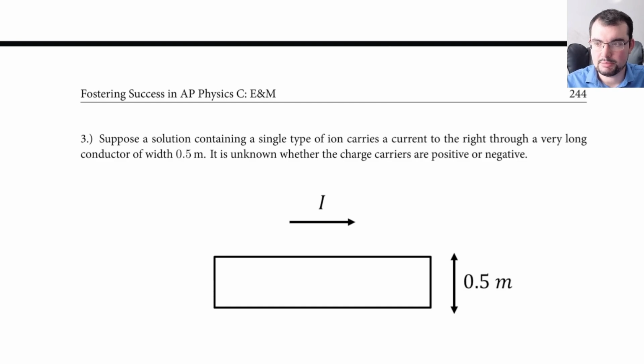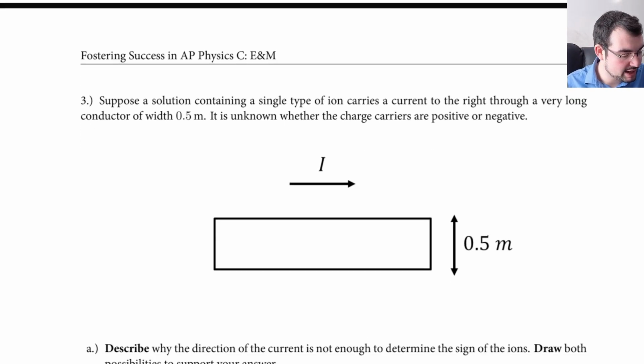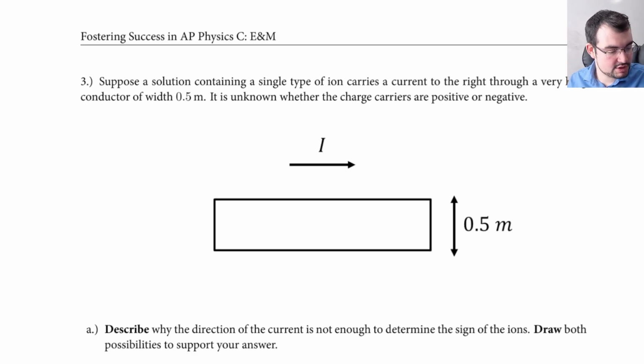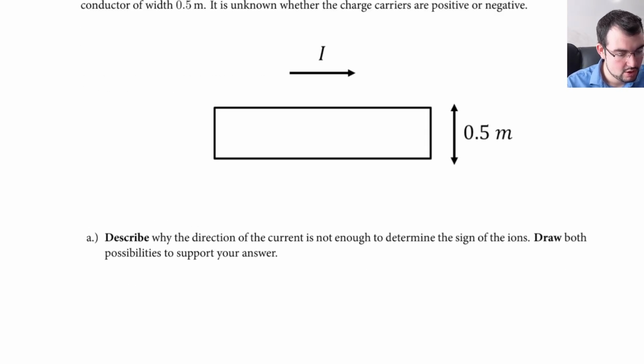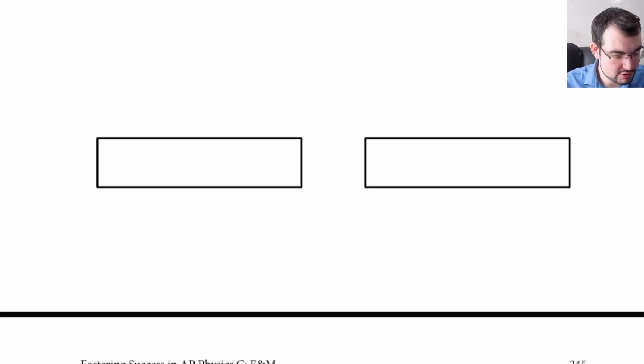All right, suppose a solution containing a single type of ion carries a current to the right. I give us our width, but I don't tell you whether the charge carriers are positive or negative. So why is that not enough to determine the sign of the ions? Well, as we saw last time, there's two ways to get a current in a certain direction. One way would be positive charges moving in the direction of current, and the other would be negative charges moving opposite current flow. So we actually have two cases here.